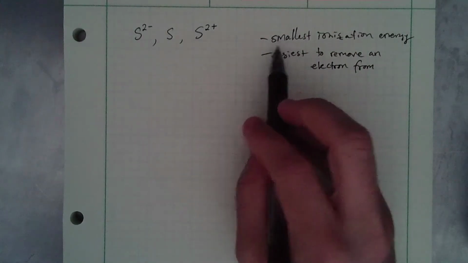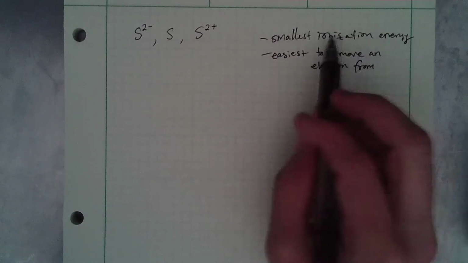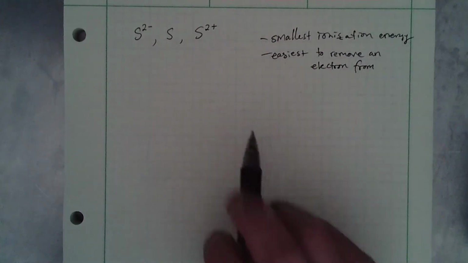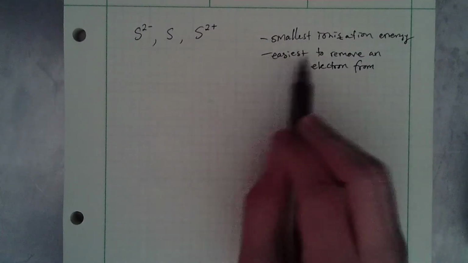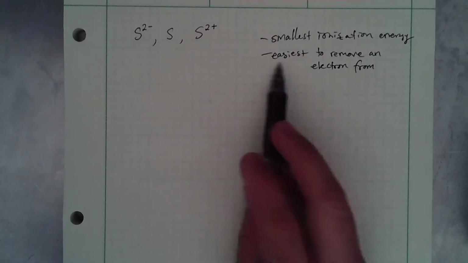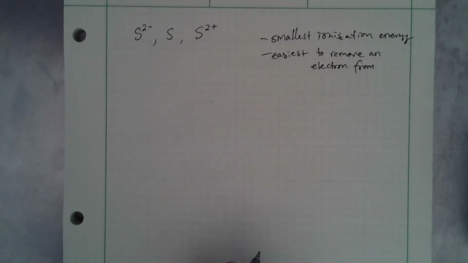These mean the same thing. Having a small ionization energy means that it's easy to ionize, and ionizing means removing an electron. So the smallest ionization energy is going to be whichever one of these we determine is the easiest to remove an electron from.